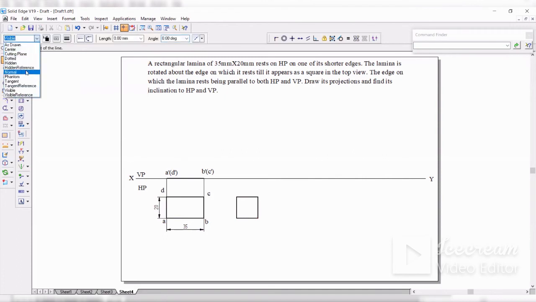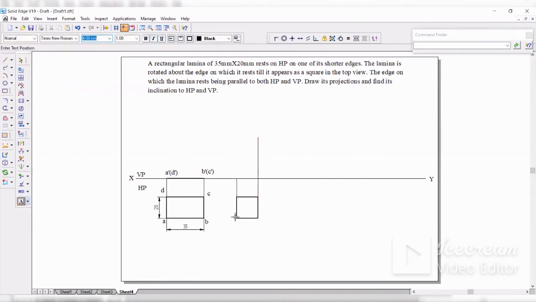Now take normal, like this, project upwards, and here as well project upwards. So let me name it first. This is A, this is B, this is C, this is D. So let me check the dimensions. Yes, it is 20. It's 20.